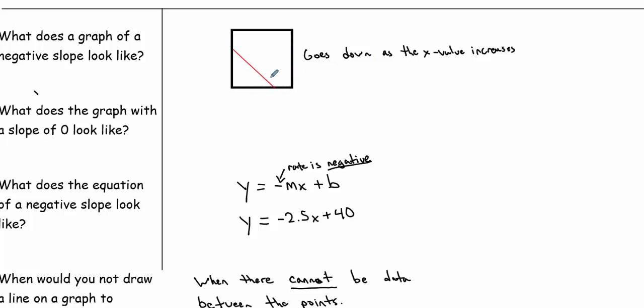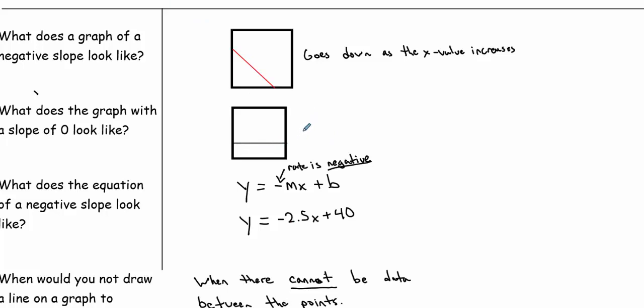The line's going down. What about a graph with a slope of 0? A graph with a slope of 0 looks like a straight line, right? It just looks like a straight line going across.